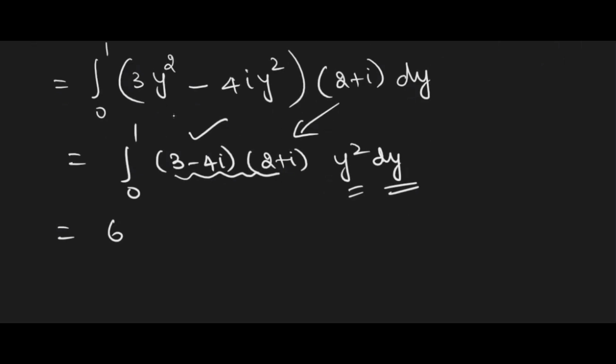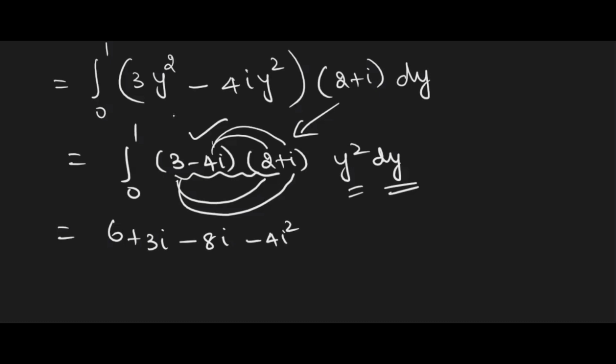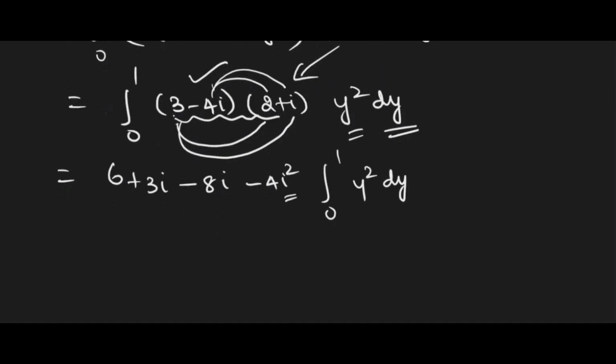3 into 2, 6. 3 into i, 3i. Minus 4i into 2, minus 8i. Minus 4i into i, minus 4i square. Integral 0 to 1 of y square dy. And this i square is minus 1, correct? i square is equal to minus 1.